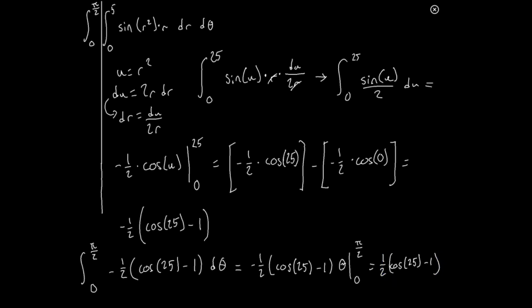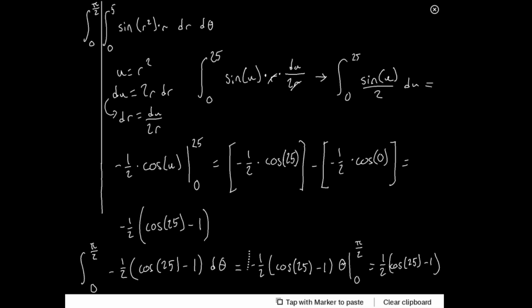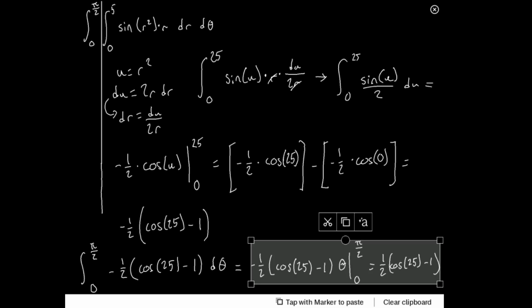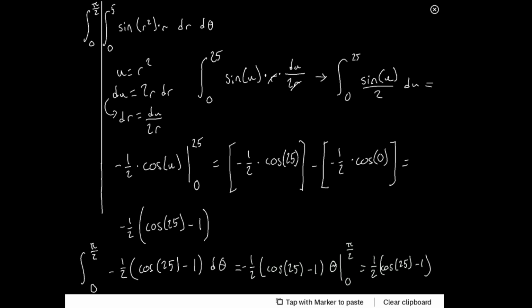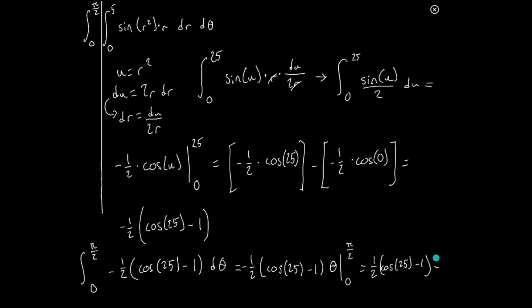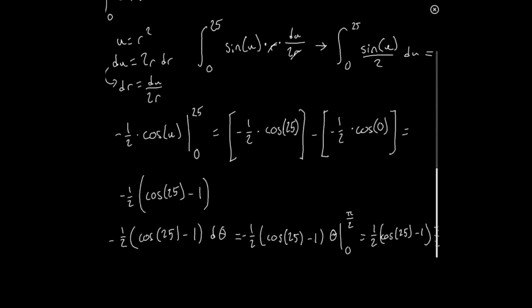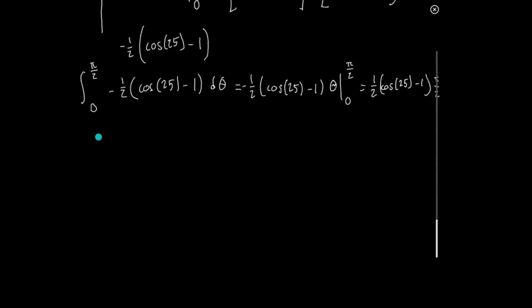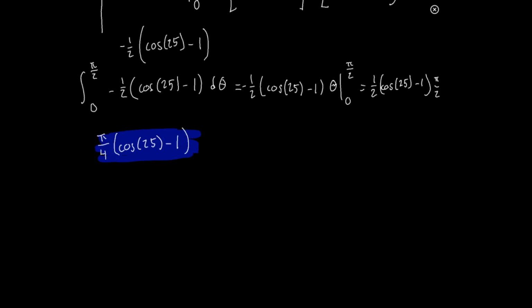Or actually, sorry, I didn't even multiply that value by pi over 2. So we have pi over 2. Great. Now if we take all that and we simplify it, then we have pi over 4 times cosine of 25 minus 1. And that is your answer.